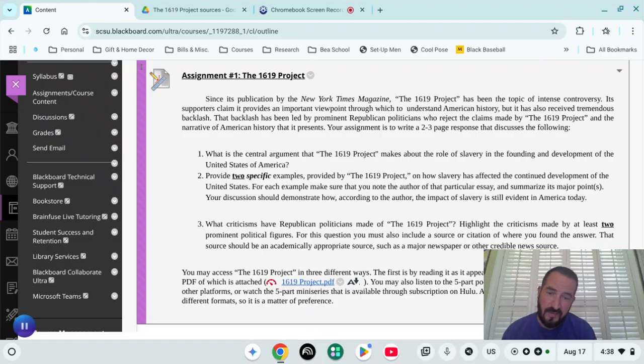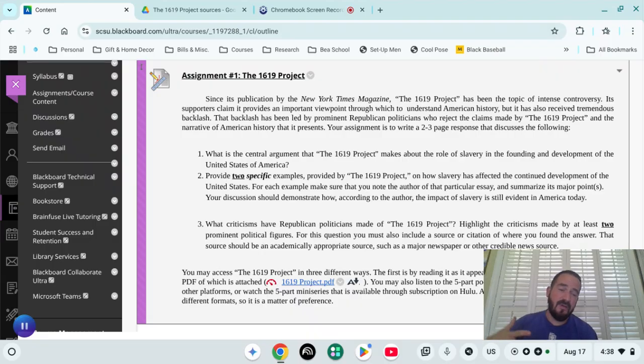Keep in mind, however, that the source that you cite has to be academically appropriate. No Wikipedia, no social media post, no Reddit or Quora or anything like that. It has to be from a news source, a newspaper.